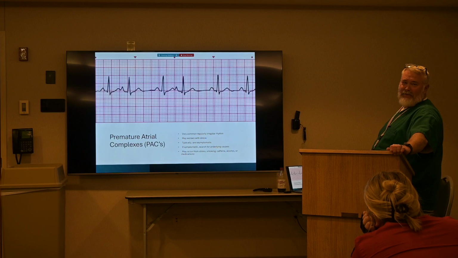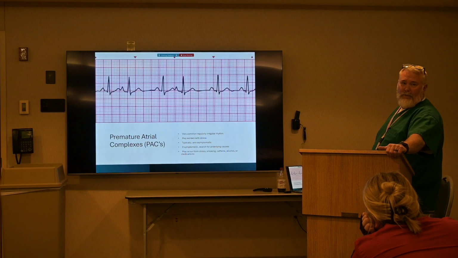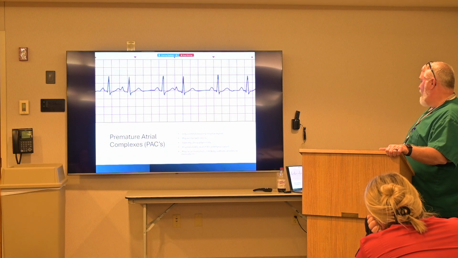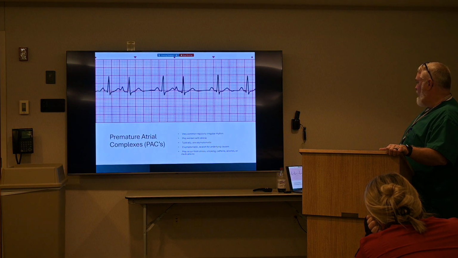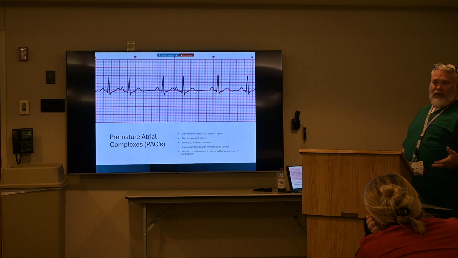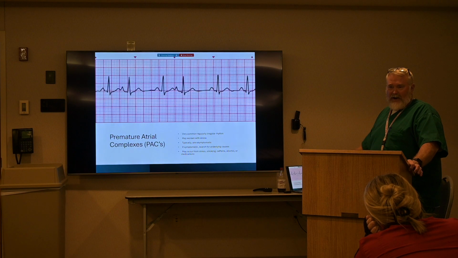PACs can be difficult to identify on strips because a lot of times a PAC will look like a normal conduction beat. It's very common, a regularly irregular rhythm, may worsen with stress, and typically asymptomatic. Again, if they're symptomatic, treat the causes. I have rarely ever seen PACs cause people problems.